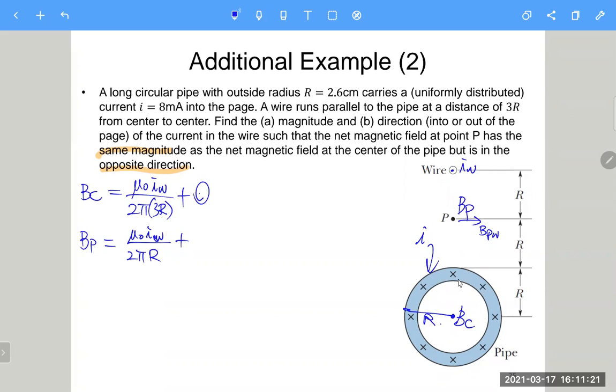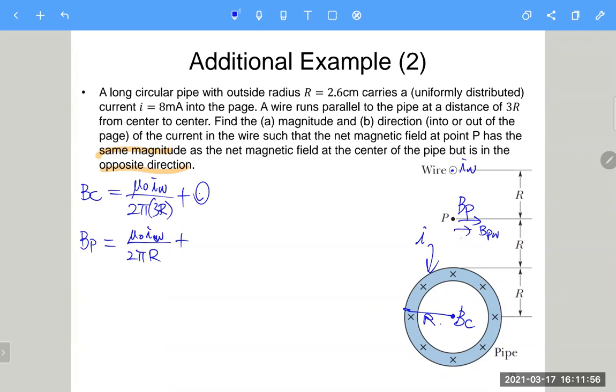Let me see. If we consider the pipe, the current is going into the page, so we use the right hand rule to follow the direction.